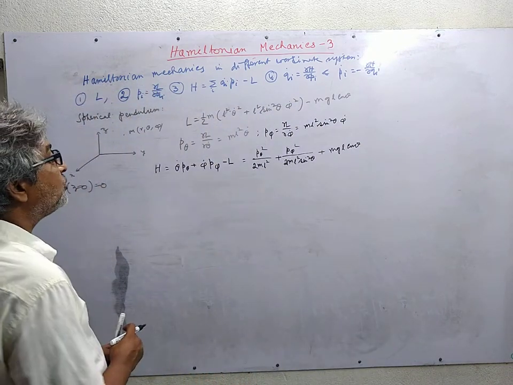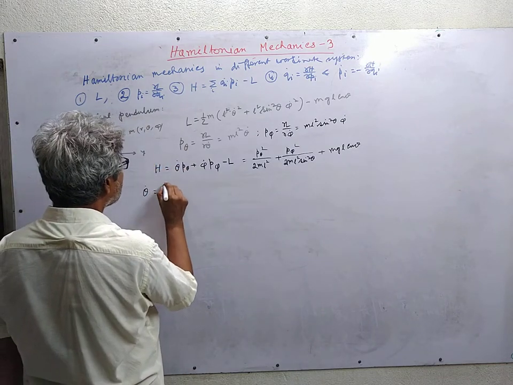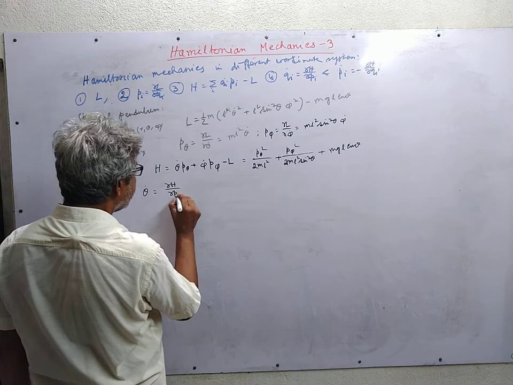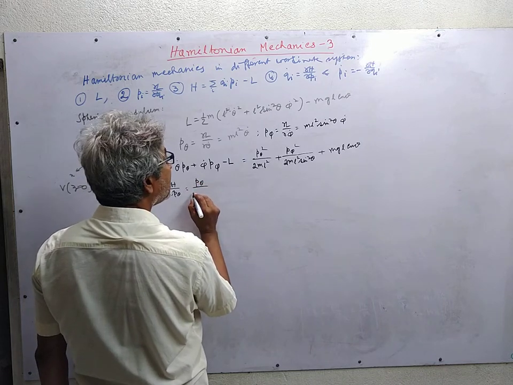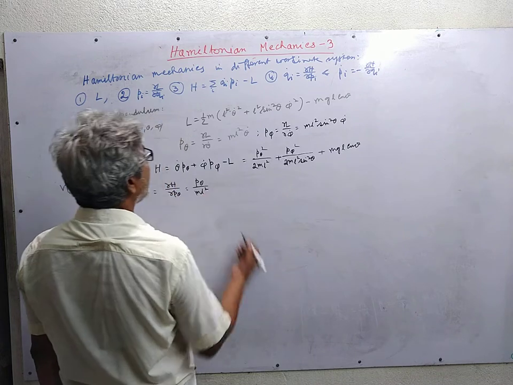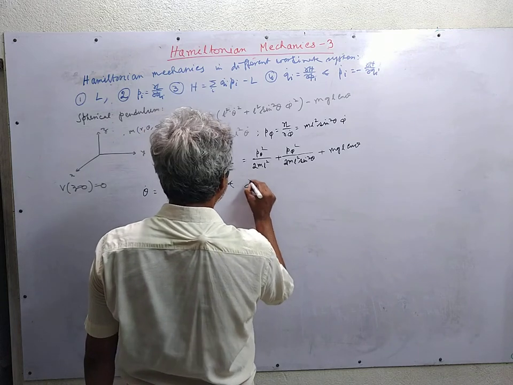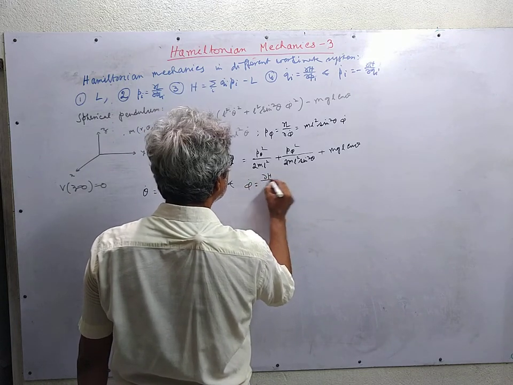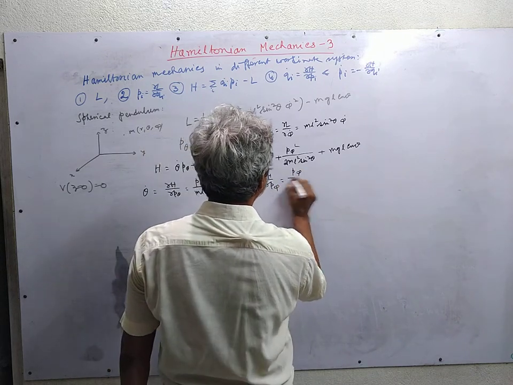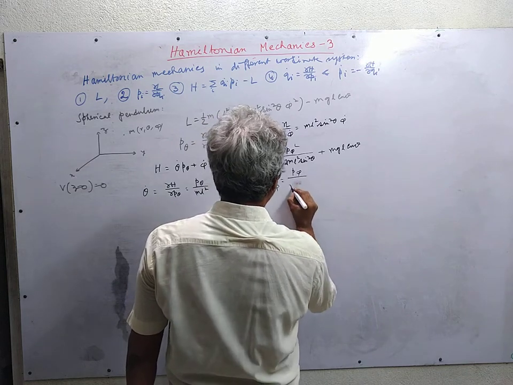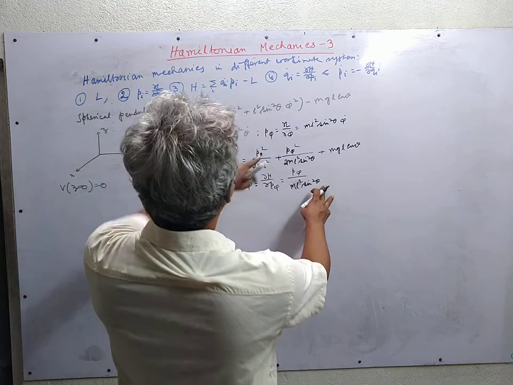Now coming to Hamilton's canonical equations, theta dot is equal to del H del p theta, which is p theta by m L square, and phi dot is equal to del H del p phi, which is p phi by m L square sine square theta.